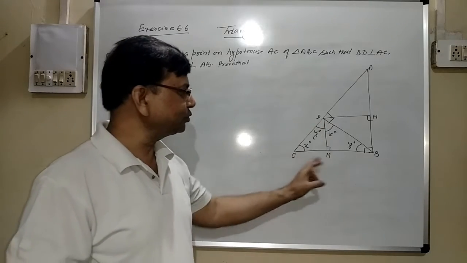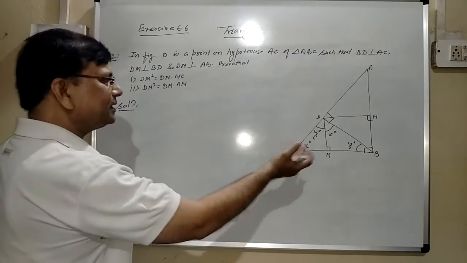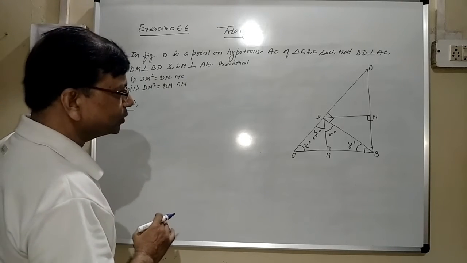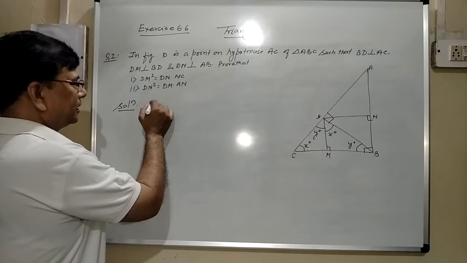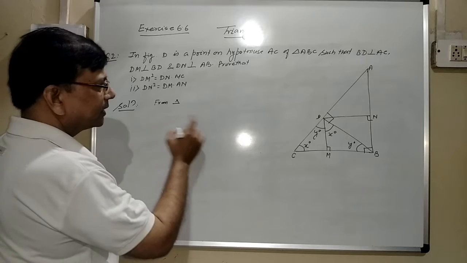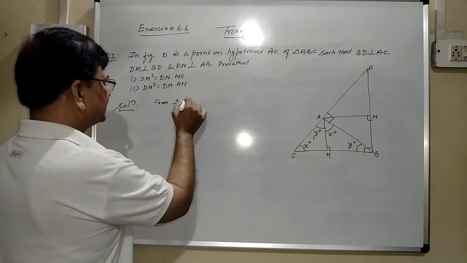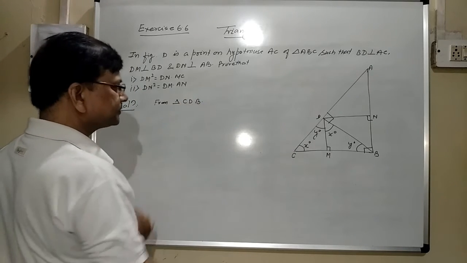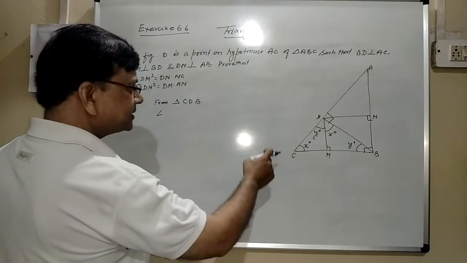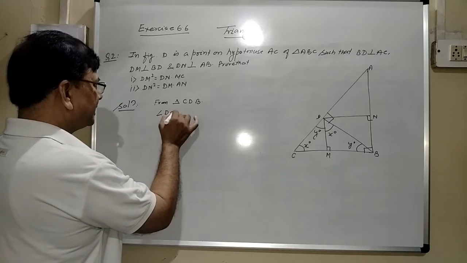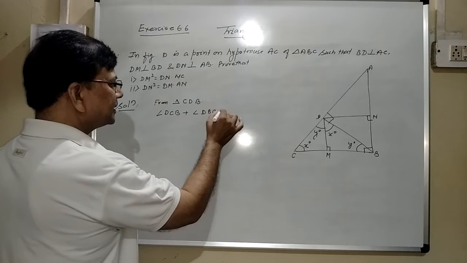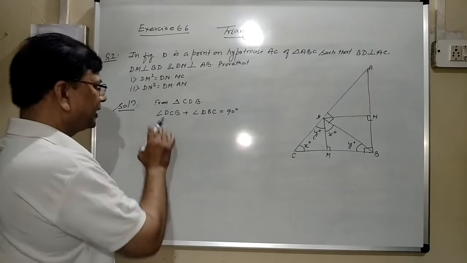So we will consider these two triangles. So we will write how these angles are x and y, that I will make you understand. So from triangle CDB, angle DCB plus angle DBC is equal to 90 degrees.